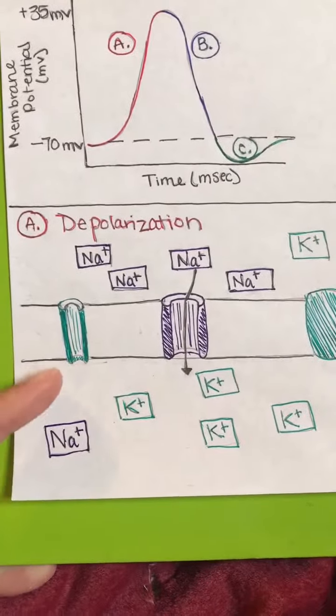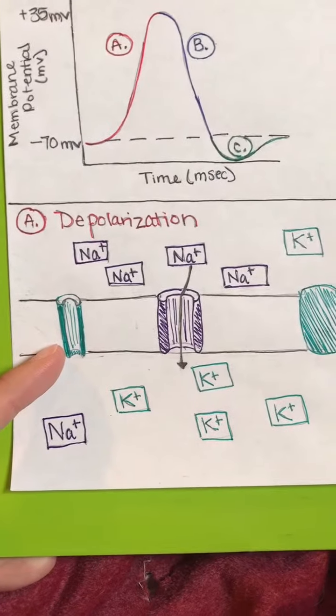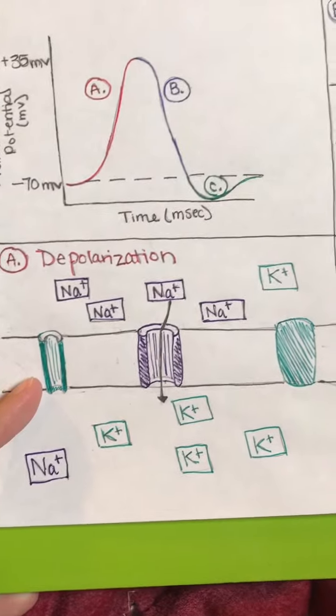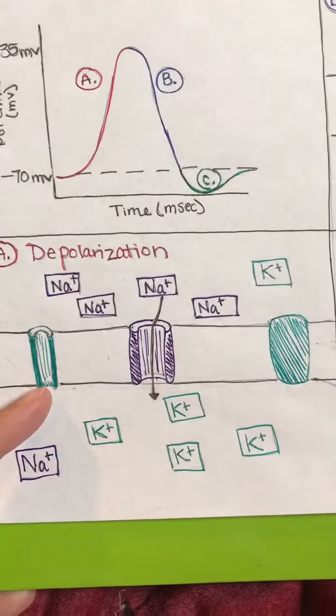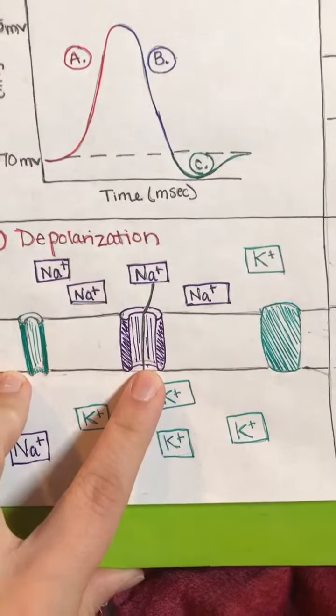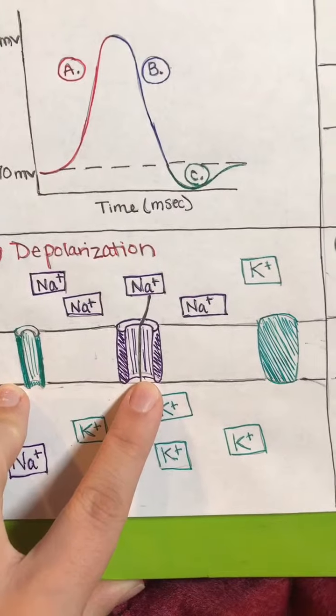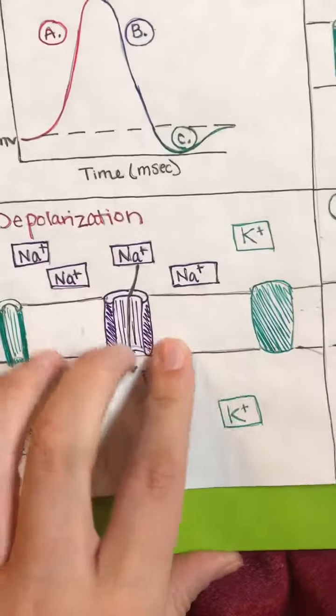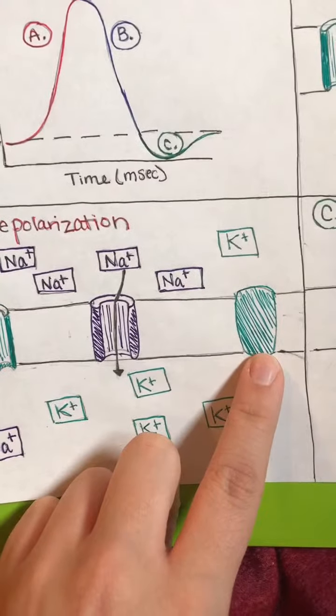This channel here is a potassium leak channel, which remains open at all times. This purple one in the middle is our sodium voltage-gated channel, and this is our potassium voltage-gated channel.